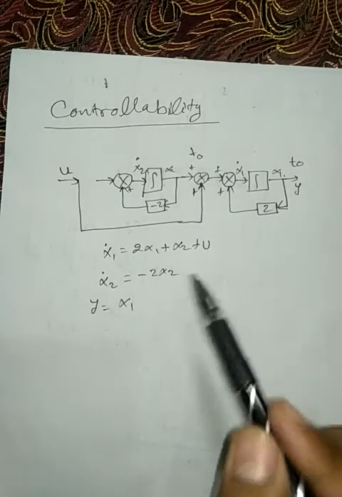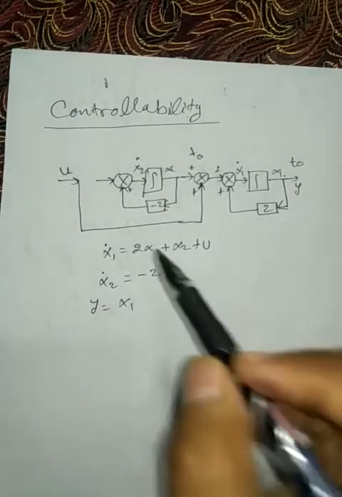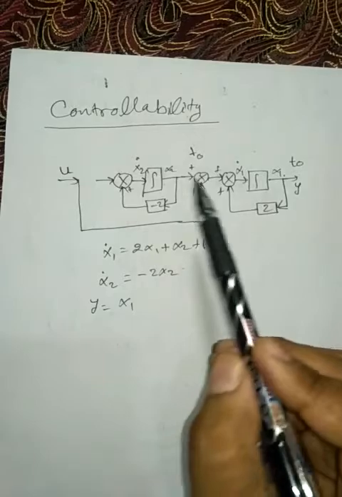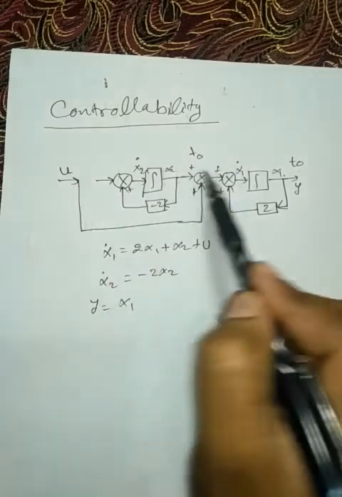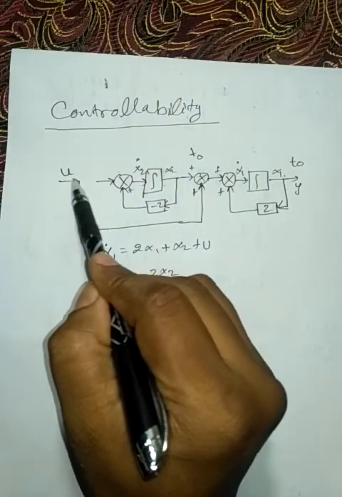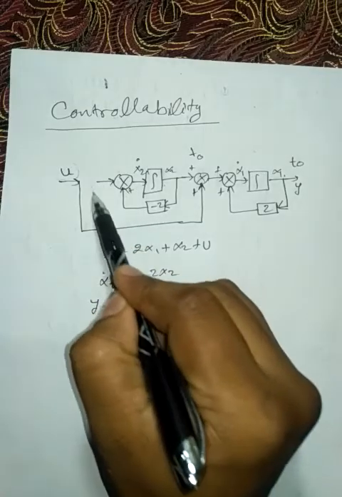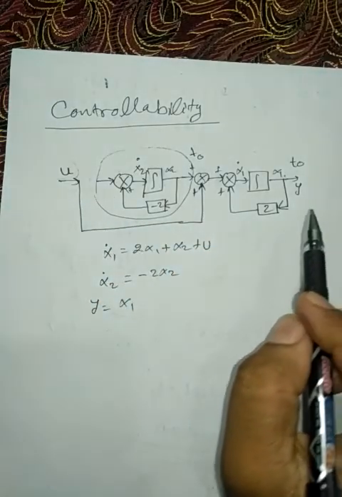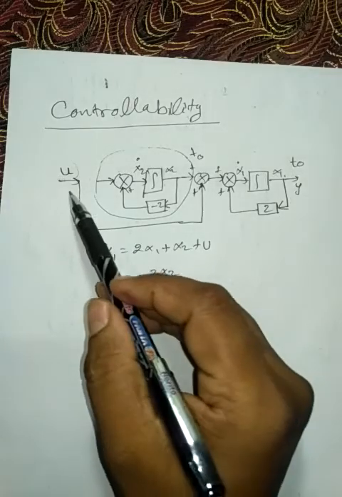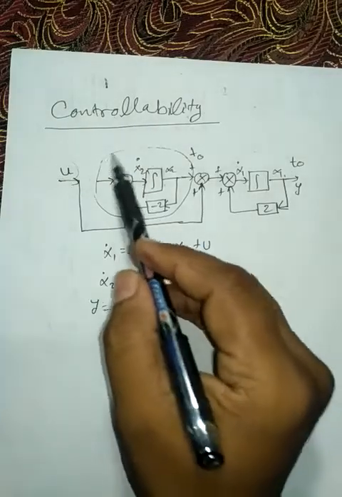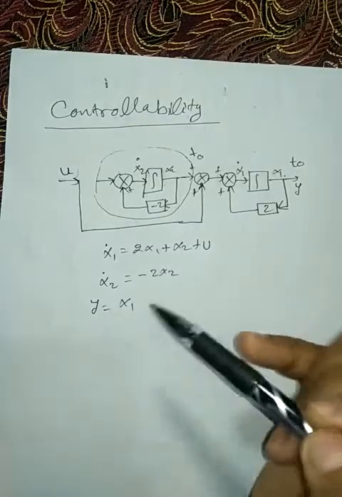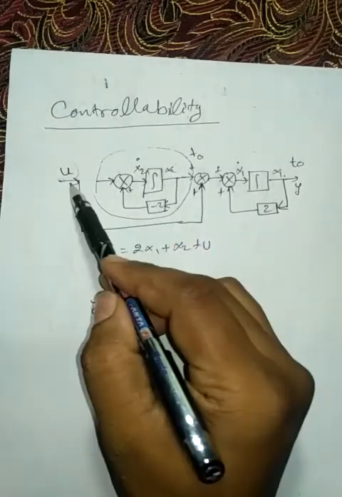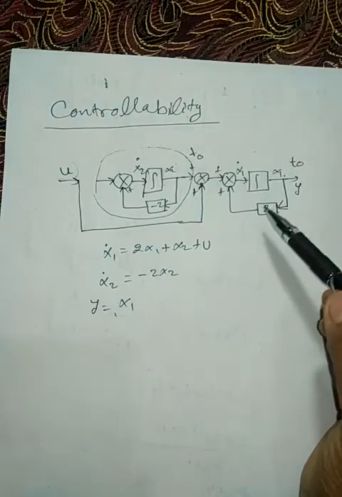So from this relation or from this diagram, we see that we do not have any control of this input u on this state x2. We cannot control this state with this input u.